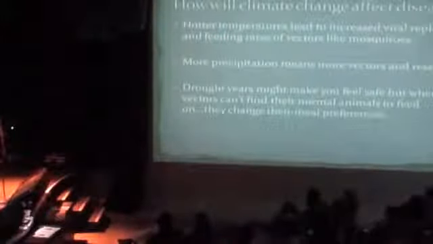How will climate change affect disease? Or how do climate patterns in general affect disease? Hotter temperatures lead to increased viral replication. Hotter temperatures lead to increased developmental rates for different parasites and also vectors. They also increase the feeding rates of the vectors.